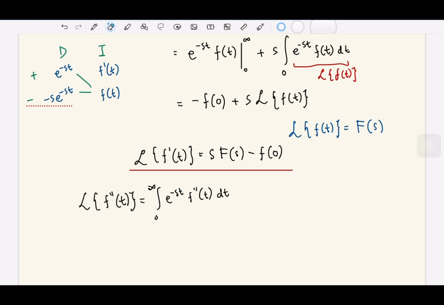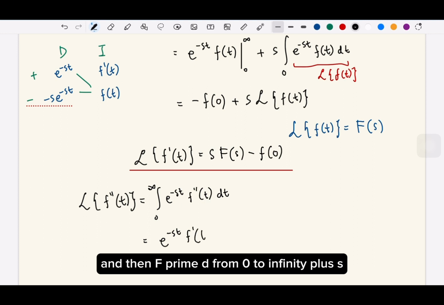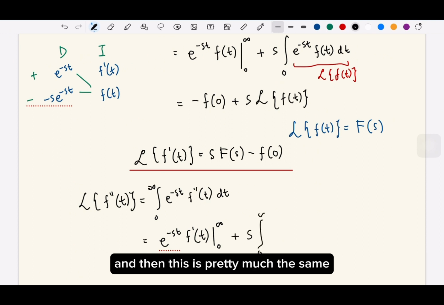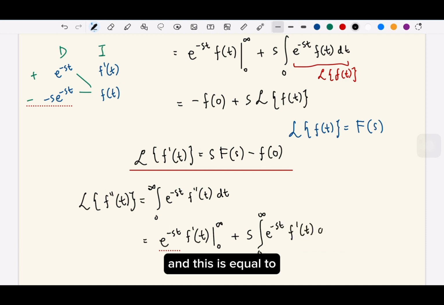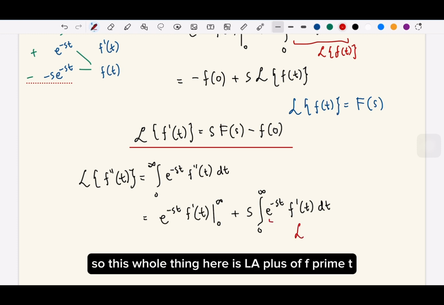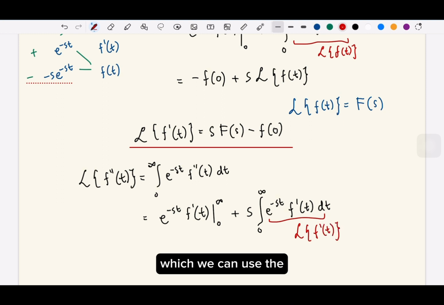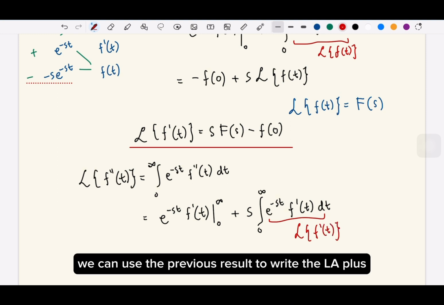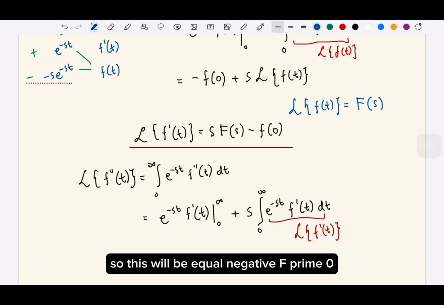This will be e to the negative st times f prime t from 0 to infinity, plus s, and then the integral is pretty much the same, but the difference is now we have f prime t dt, and this is equal to the Laplace of f prime t.